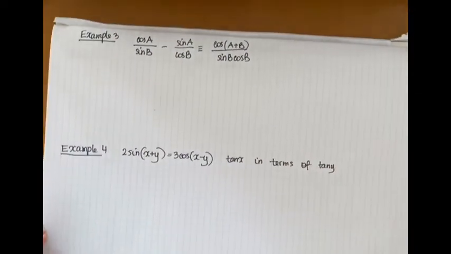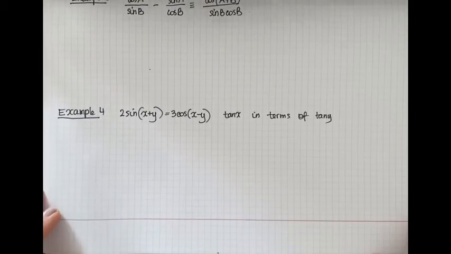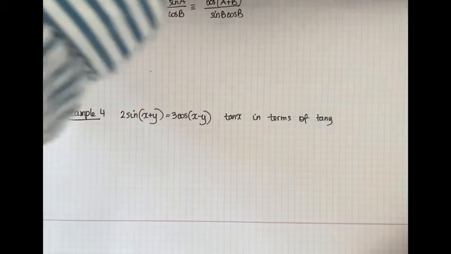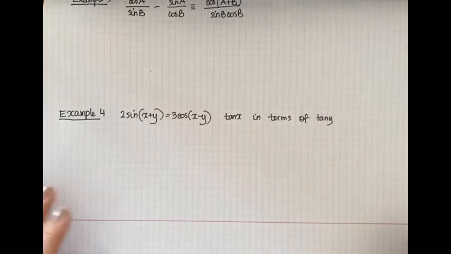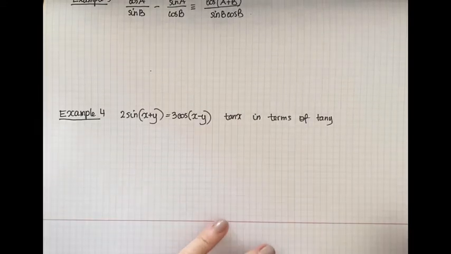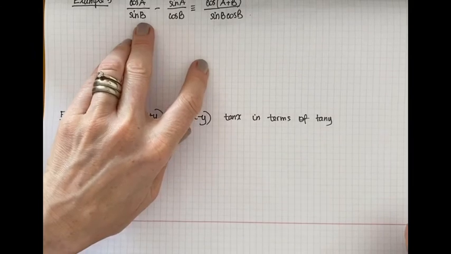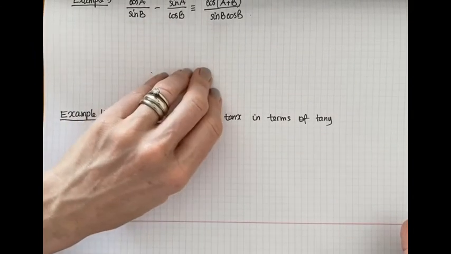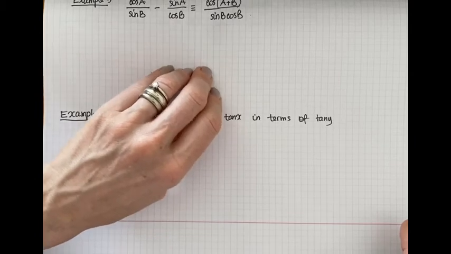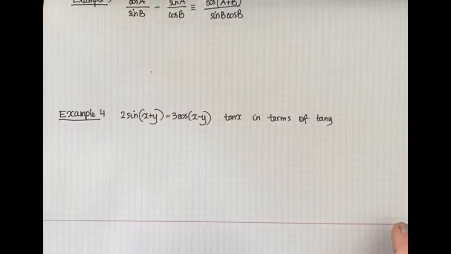Okay, let's move on to example 3. In this example, we are going to just check whether we've got an exercise coming up after example 4. Okay, so in this example, we are asked to prove that cos A over sine B minus sine A over cos B is equal to cos A plus B over sine B cos B. In any proof, start with the side that you can do something to.